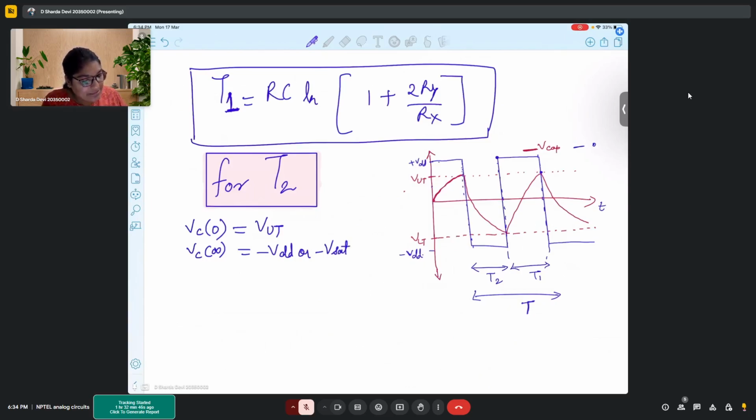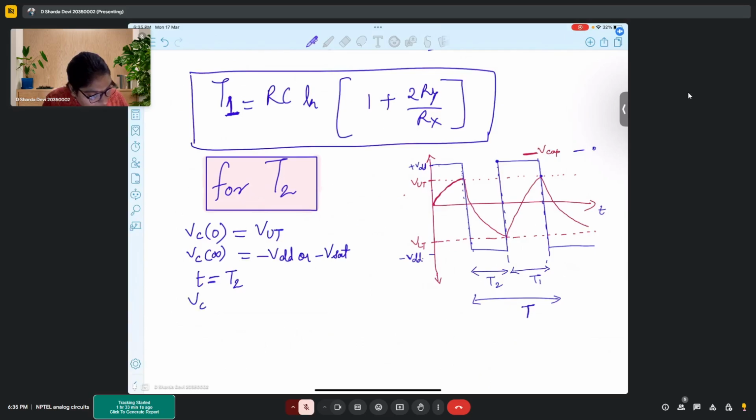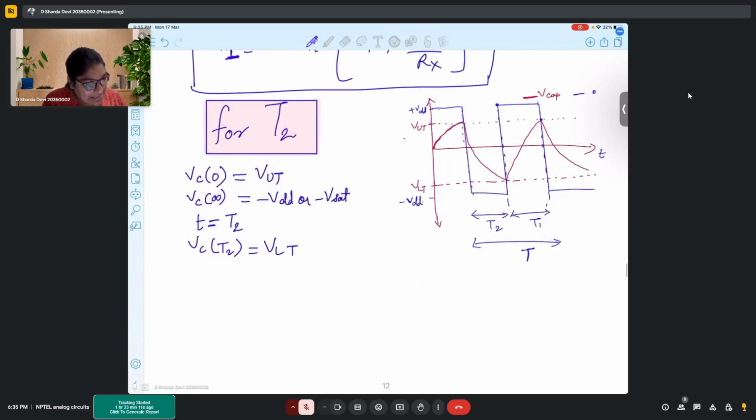Correct? So this is VC0, VC(t), but the period that we are considering is actually T2. We are only going to consider the period of T2. And VC of T2, the potential at which your calculation stops, is at VLT, right?